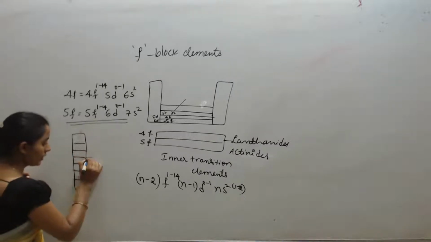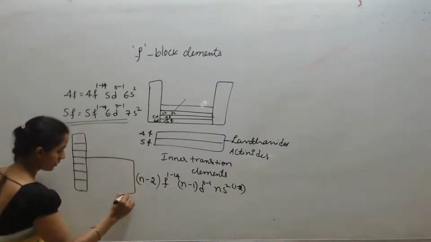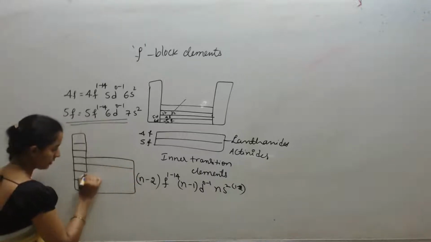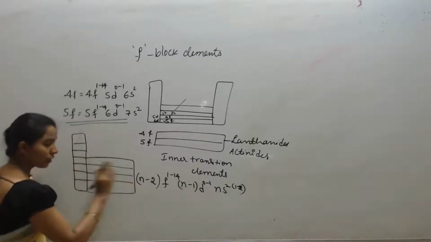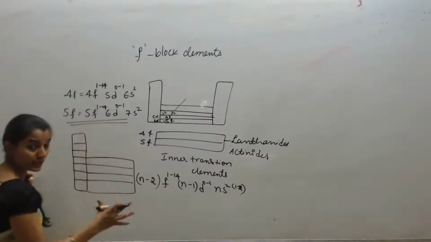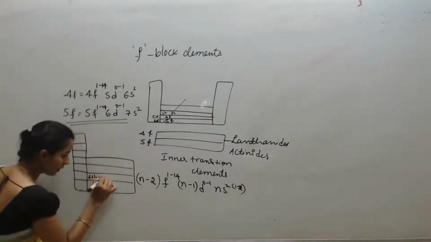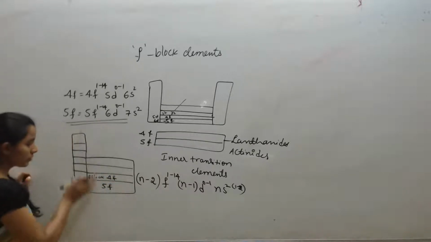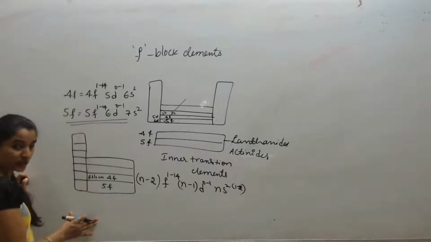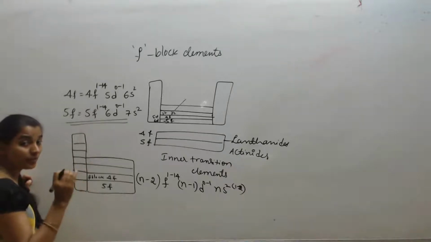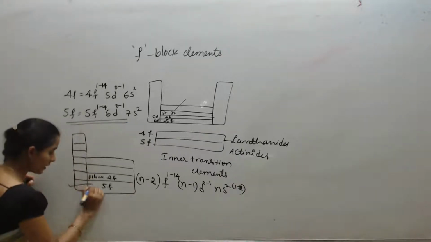From here the D block will start. A total of 18 groups are there, meaning 18 elements. Here the F block will start. From here it is 4F, here it is 5F. So students, among 7 periods, which one is the lengthy period? That is 5F.